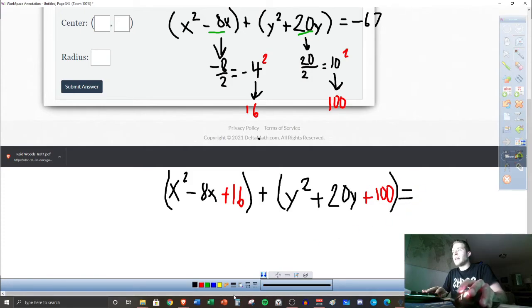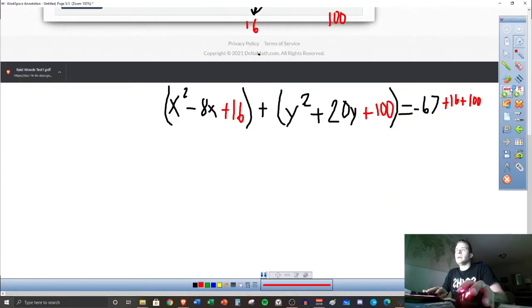And then we have to add that to the left side. So we have that -67. We're going to add plus 16 plus 100. Okay. So we're going to go ahead and start simplifying this.